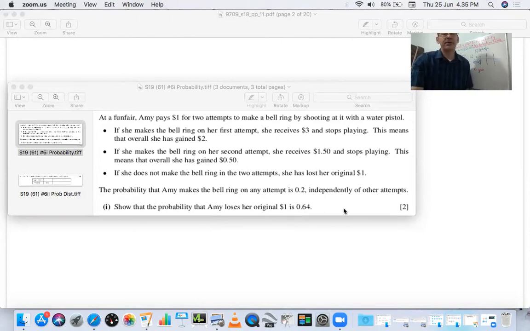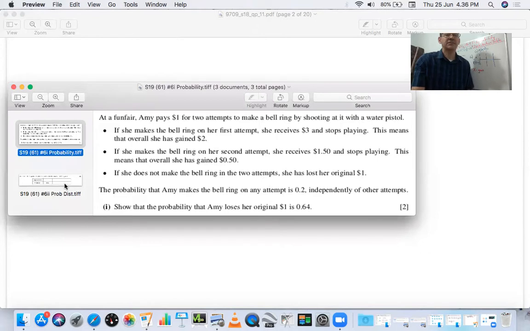The probability that Amy makes the bell ring on any attempt is 0.2, independent of any other attempt. So our first step here is show that the probability that Amy loses the original $1, meaning she misses the bell on both attempts, is 0.64. So we have to show that.